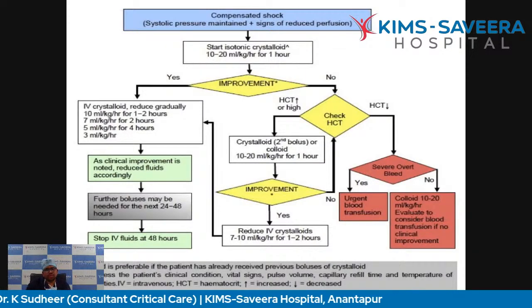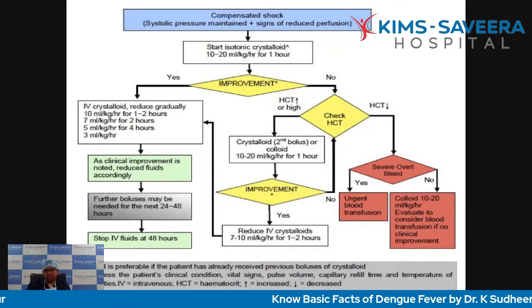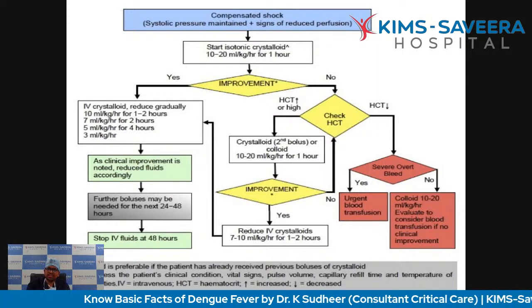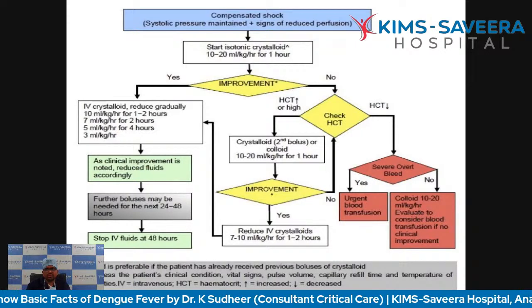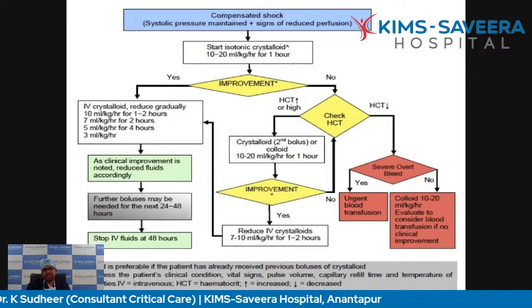Based on the hematocrit levels, we increase the fluid resuscitation as needed, or if there is an improving trend, we decrease the fluids. The mainstay of treatment is just supportive, by giving fluids and addressing the fever with simple antipyretics like paracetamol.